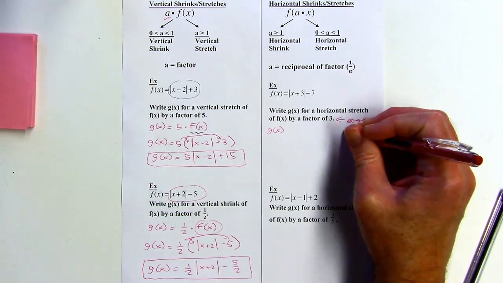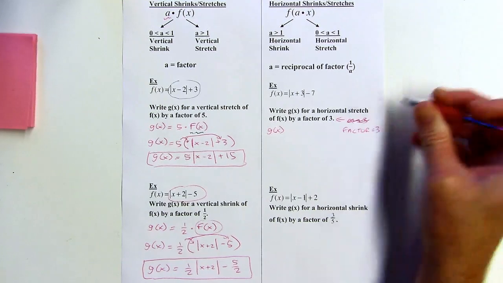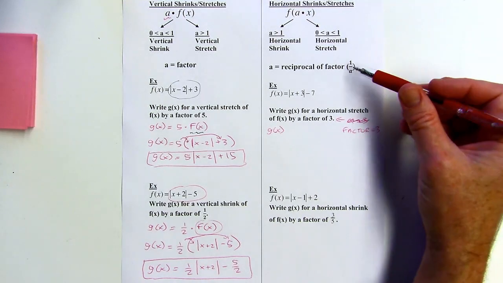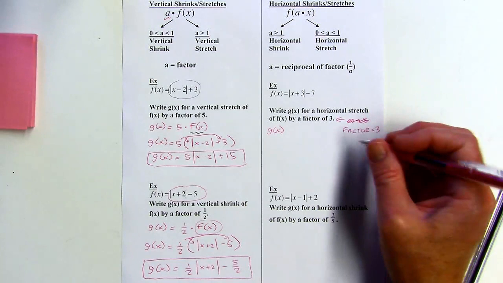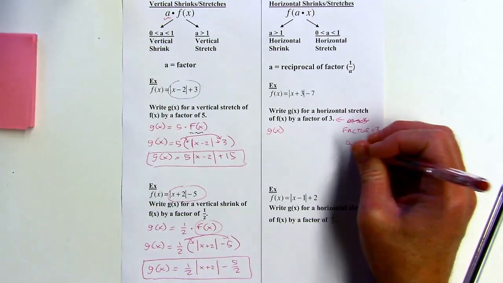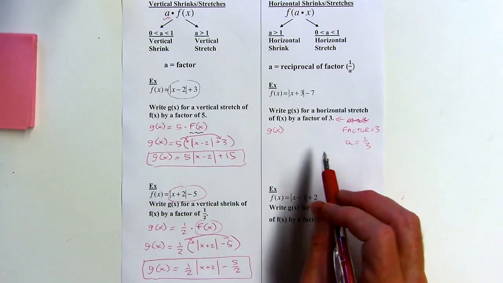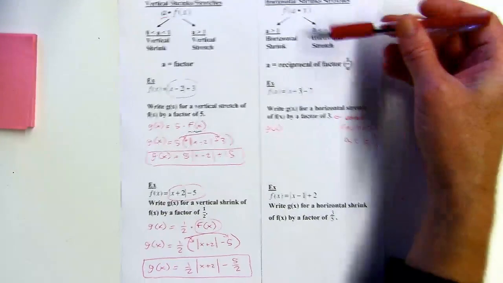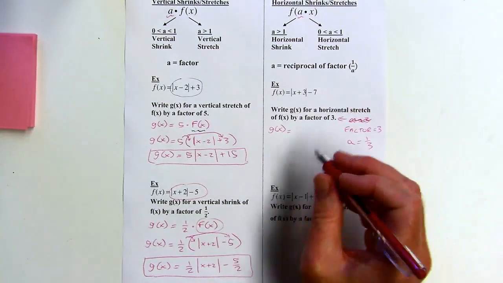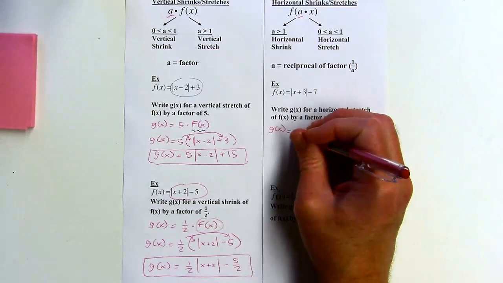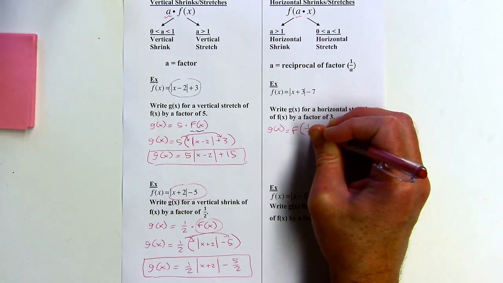Factor equals 3, but the a value is going to be the reciprocal. So that means a is going to equal 1/3 actually. Okay, so that's the number I'm going to use for a up there. Okay, so looking at this, I've got f of 1/3 times x.